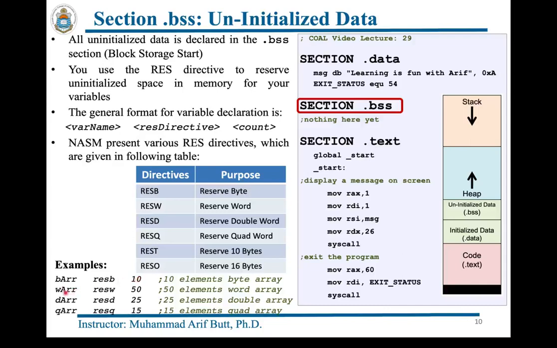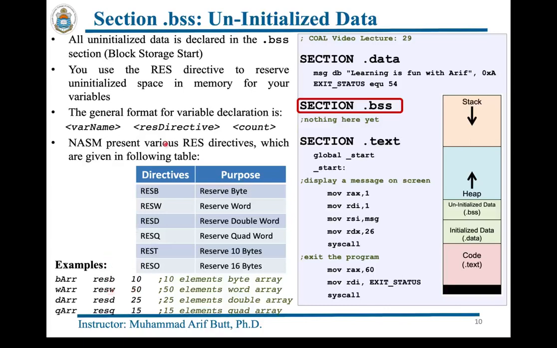And similarly, this WARR is the name of the variable, RESW is the directive reserve word, and this 50 means we want to create an array of 50 elements, each of 16 bits or a word size.